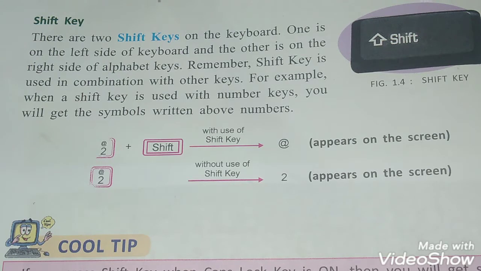Okay students, like suppose number keys 1 2 3 4 5 6 7 8 9 10, so 10 is replaced as 0: 1 to 9 and 0.